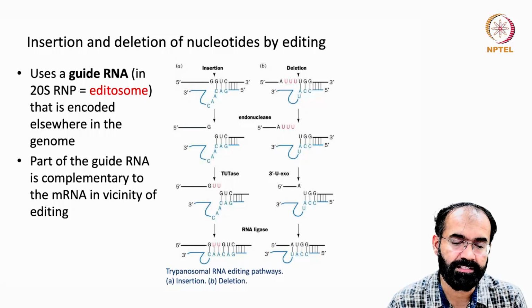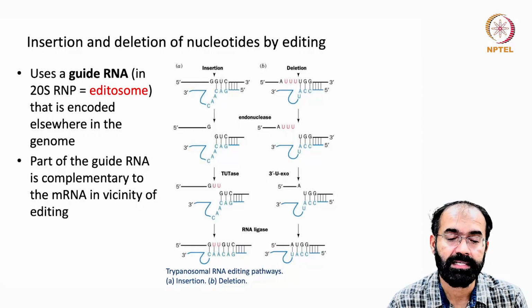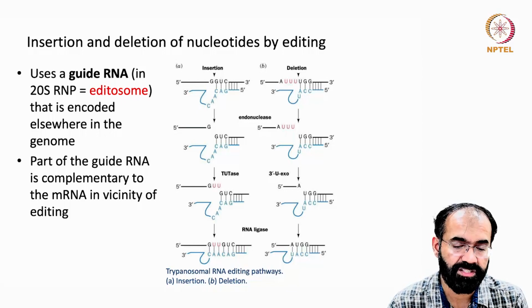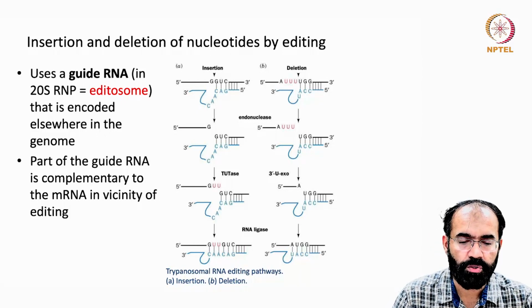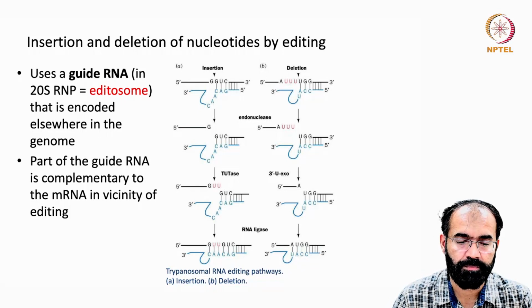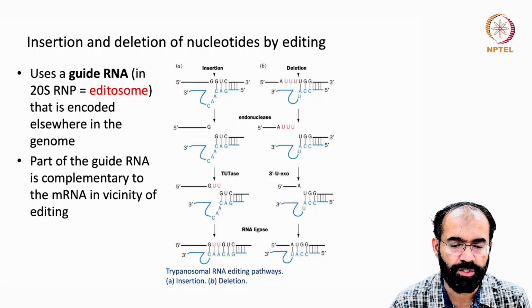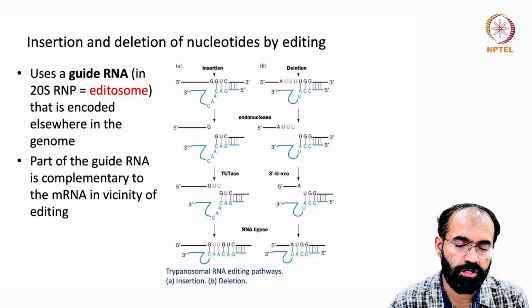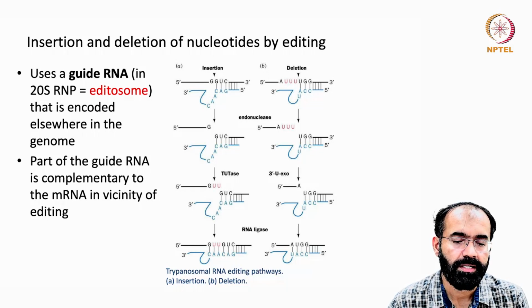So how does it happen? This pictorial manner lets you easily know. The first section, A, is basically dealing with insertion. The second portion is dealing with deletion. Let us see how it is done. You have an mRNA which has a GGUC sequence, and this GGUC eventually becomes GGUUGUC, so you have insertion of two bases.